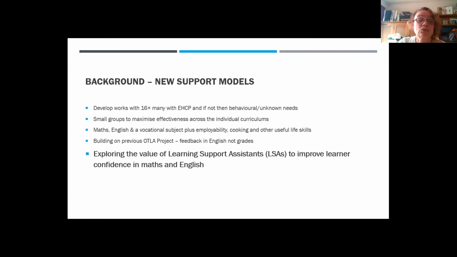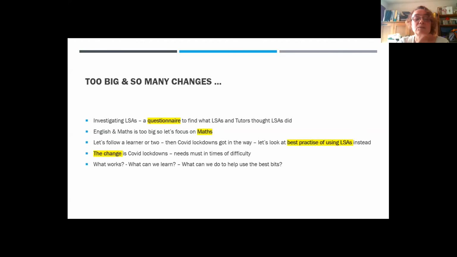Right, yes. So we work with 16 plus. Many have got EHCPs, and we work in quite small groups as well. And as Mark said, exploring the value of the learning support systems. When we started, it was too big, so many changes.